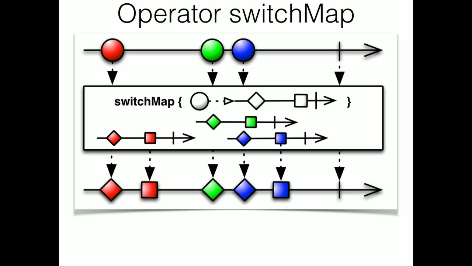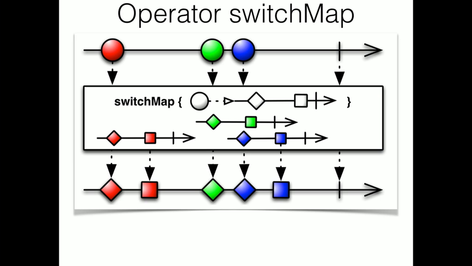So switchMap allows you to automatically kill unhandled responses. The user types something in, boom, it goes out. It didn't come back yet, but the user produces something else. If that first request didn't return, it's going to be killed automatically. This is a super powerful thing, especially if you care about the performance of your web apps.